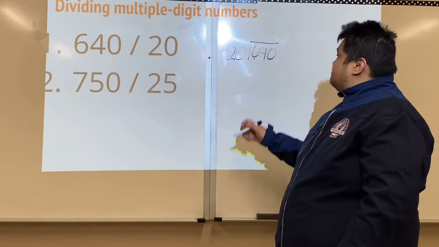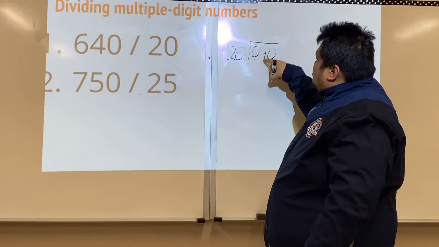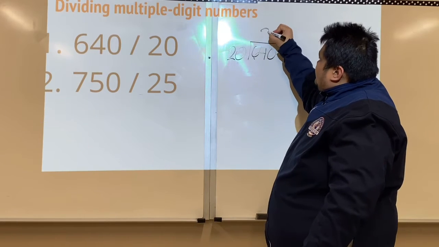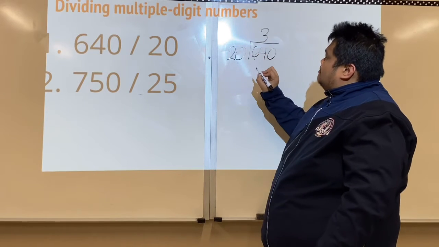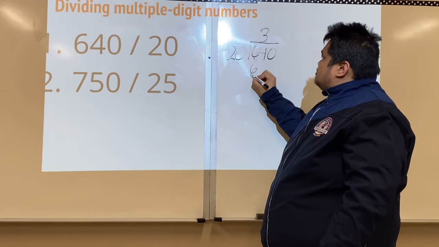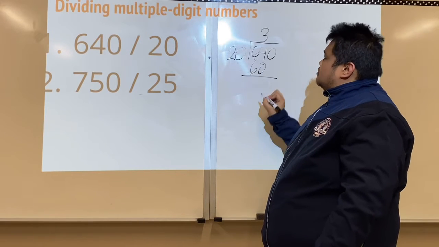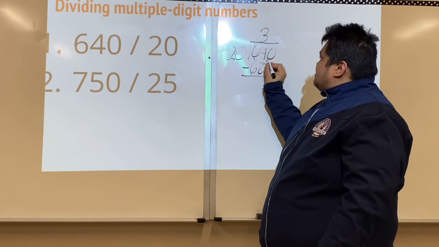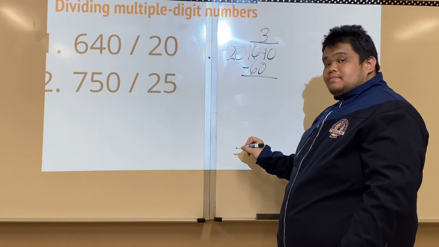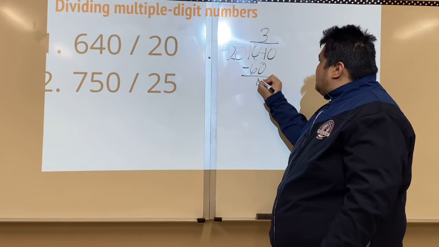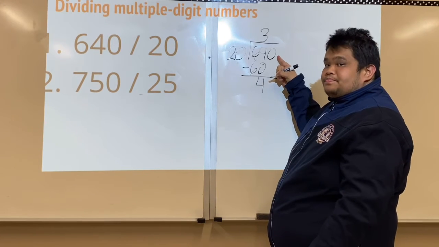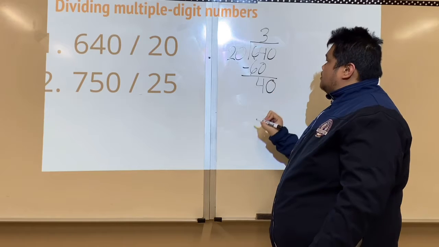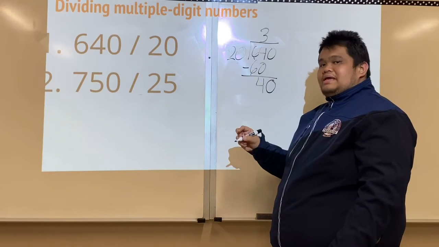So how many 20s are there in 64 then? We have 3. 3 times 20 is equals to 60. Then we're gonna subtract it. 64 minus 60 is 4. Then we bring down 0. Now, can we divide 40 by 20?